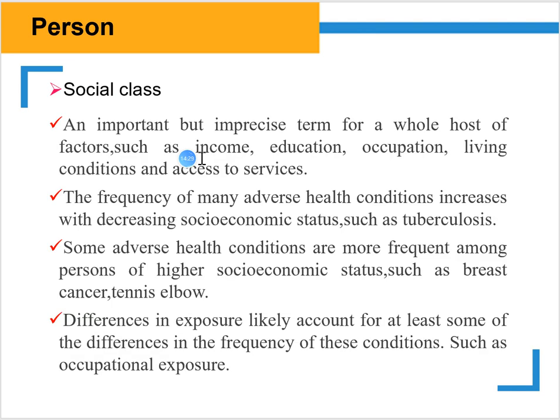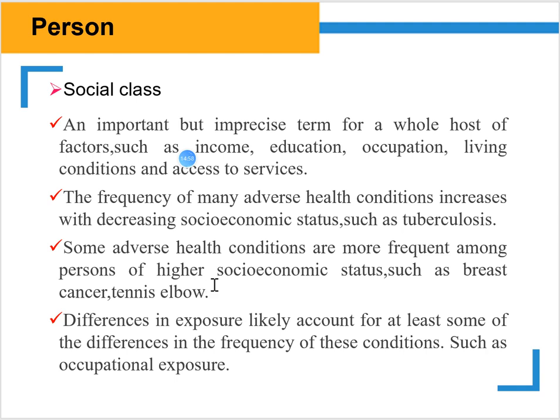Social class, an important but imprecise term for a whole host of factors such as income, education, occupation, living conditions, and access to services. The frequency of many adverse health conditions increases with decreasing socioeconomic status, such as tuberculosis.